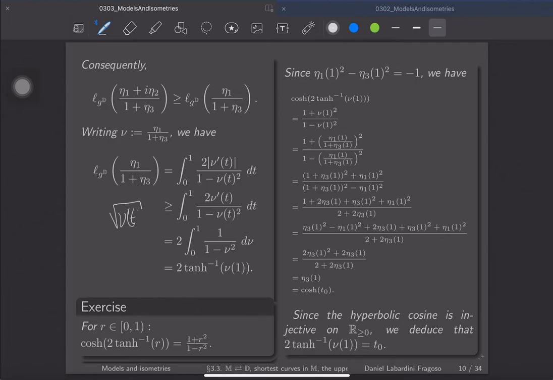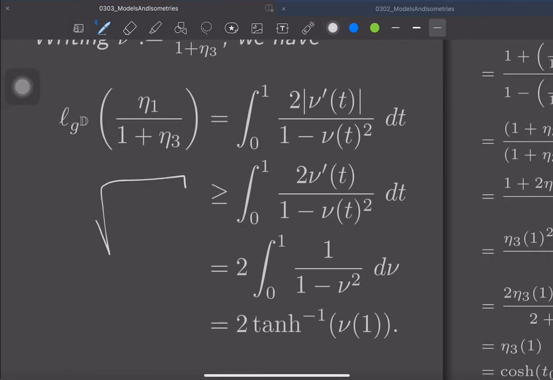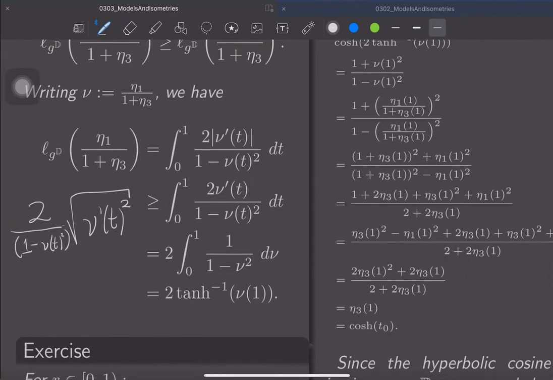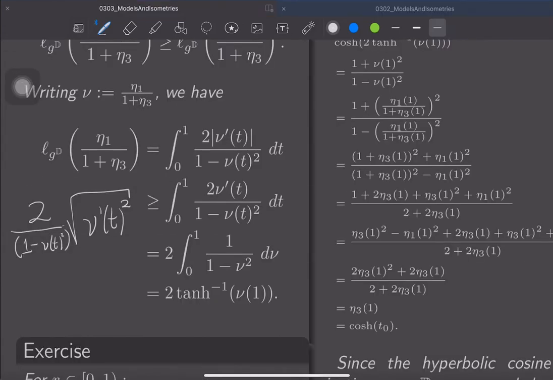So let me write it a bit more clearly. Square root of nu prime of t square times 2 divided by 1 minus nu of t square. Right? That's kind of what I just said when I went into this part. And then that's what I have to integrate for this.